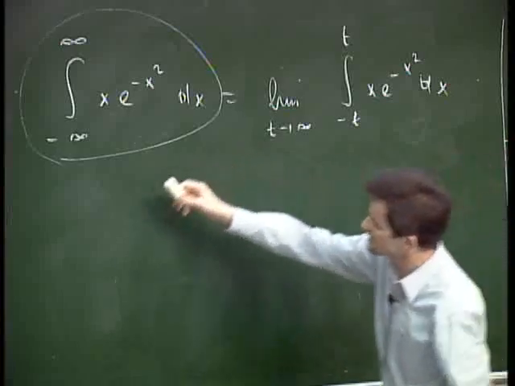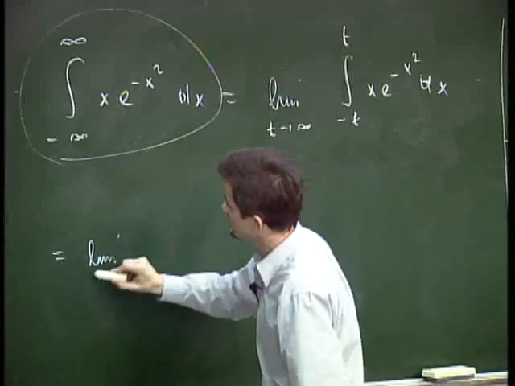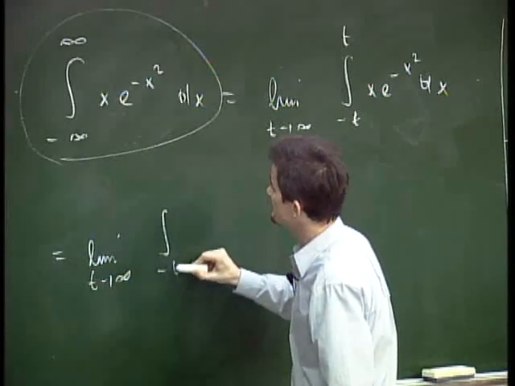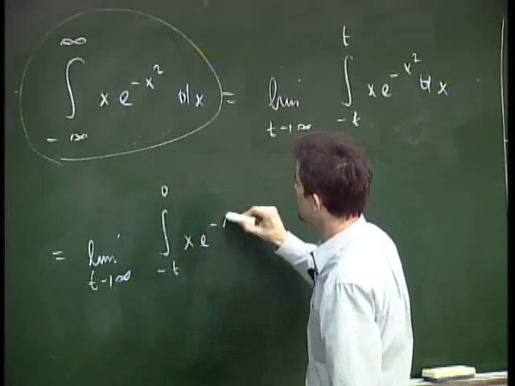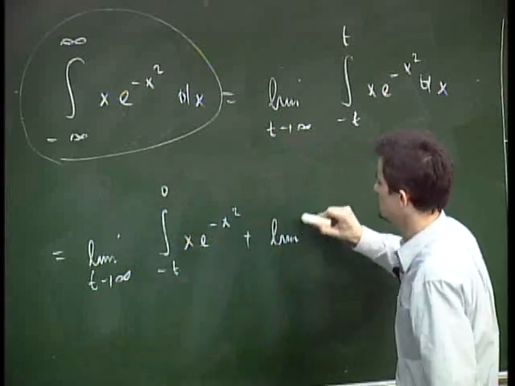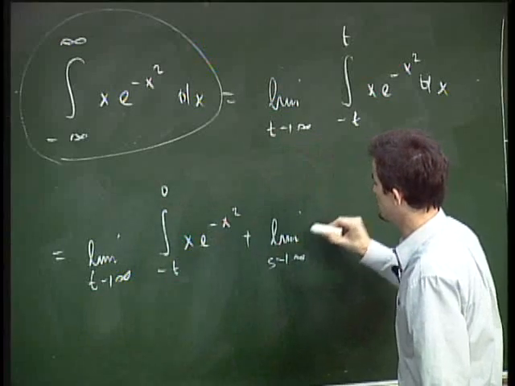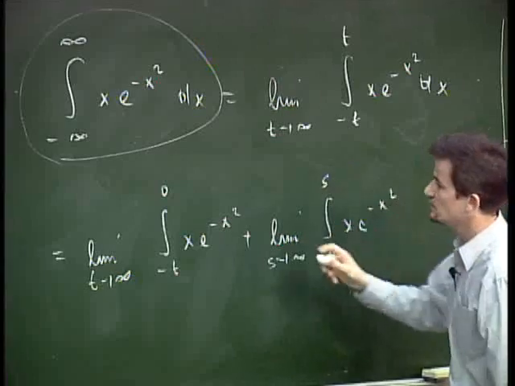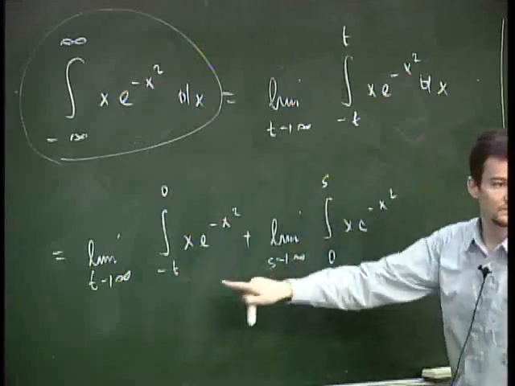This symbol is defined as the limit as t tends to infinity of the integral from minus t to 0 of x e to the minus x squared, plus the limit as s tends to infinity of the integral. They are not necessarily the same here.